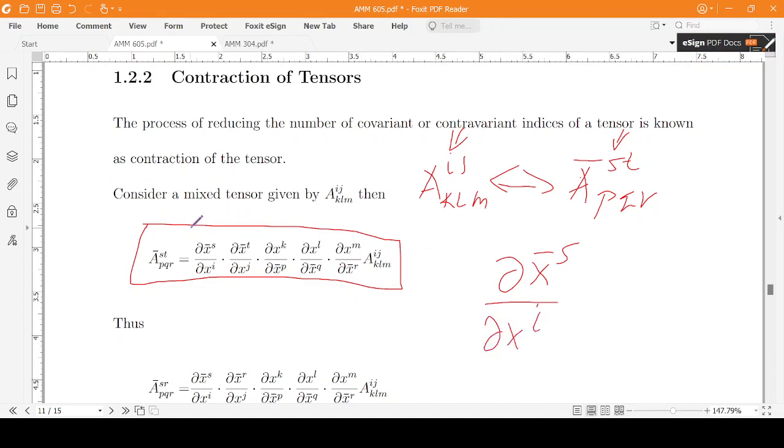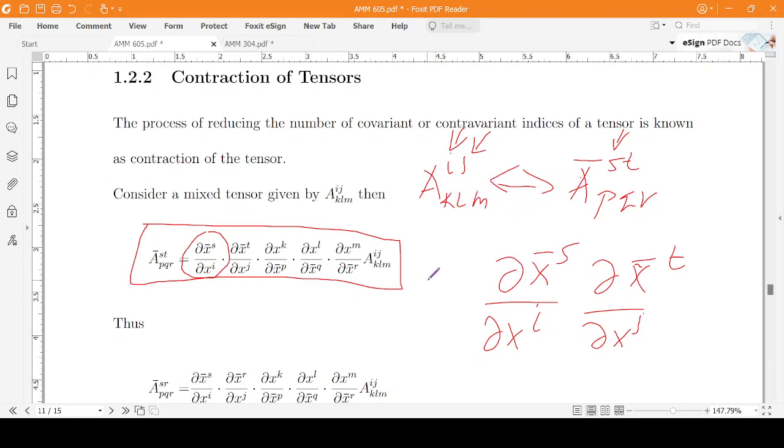We take the next one, d x bar t by the next index, which is j, dxj, and so on. The others will come the other way.